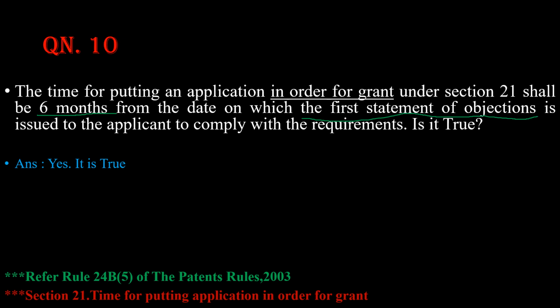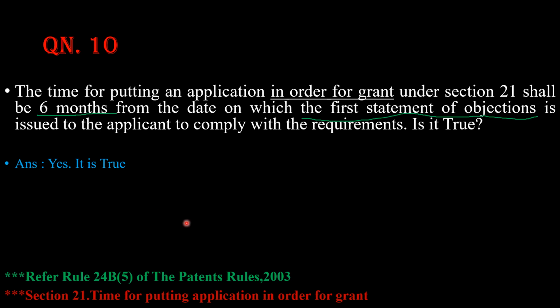The statement is very much true, so the answer is yes, it is true. To verify, please refer to Rule 24B Sub-Rule 5 of the Patents Rules 2003. And what is section 21? Section 21 is time for putting application in order for grant.